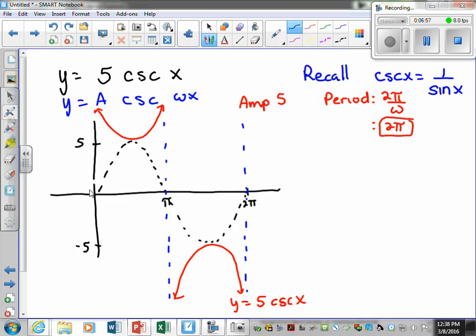We would get the ordered pair pi halves, 5, the ordered pair 3 pi over 2, negative 5, and so on and so forth. So you have some options there. I'm going to show you using the parent graphs and the reciprocal functions for sketches, but feel free at any time to do an XY table.